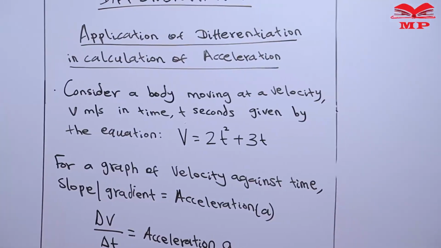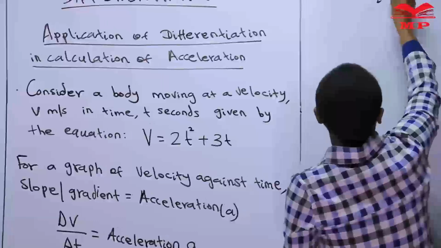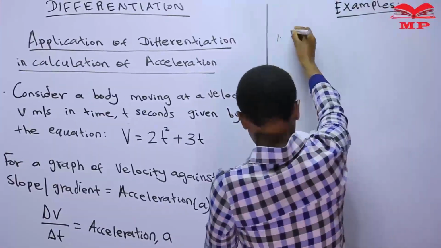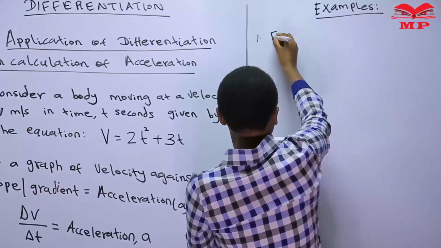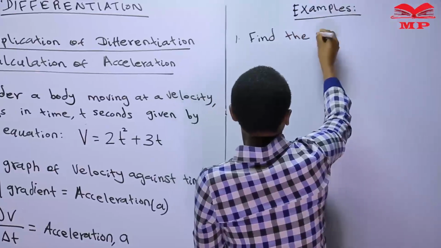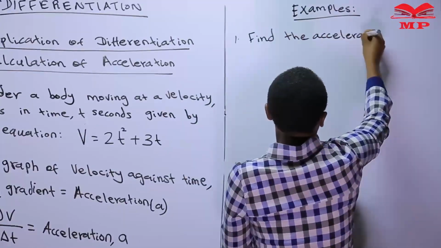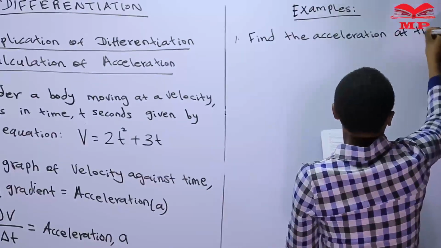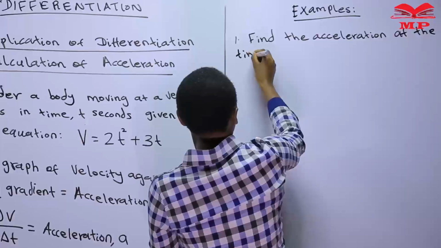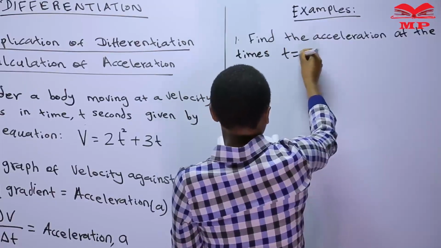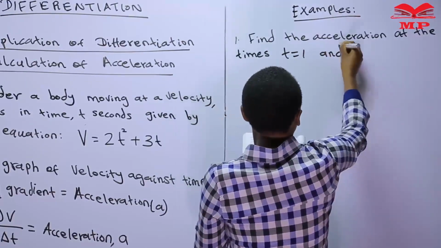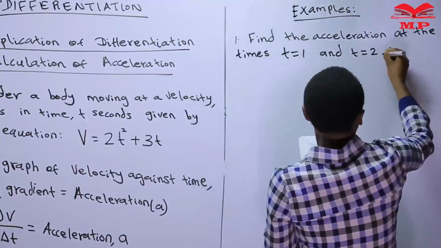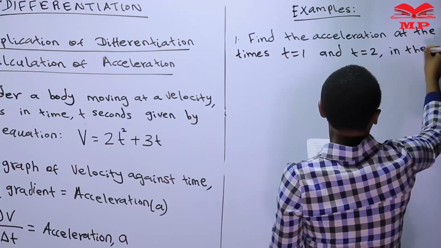So in example number 1, in this question we are told to find the acceleration at the times t is equal to 1 and t is equal to 2 in the following equation.